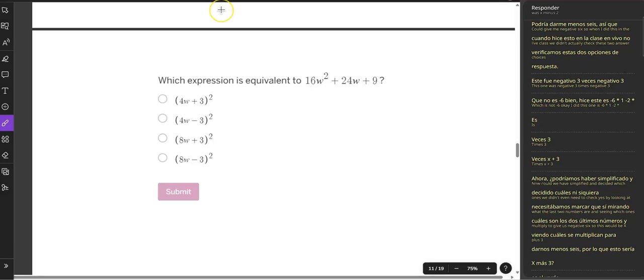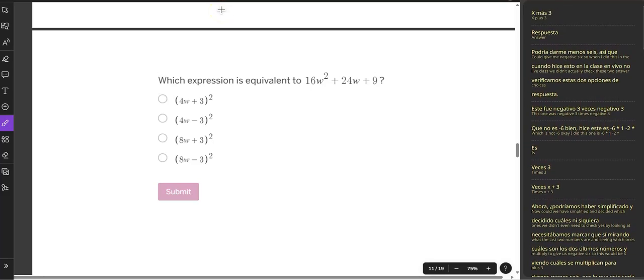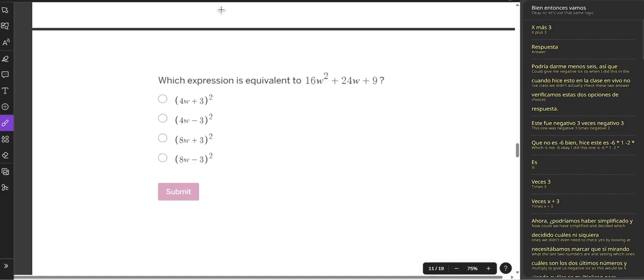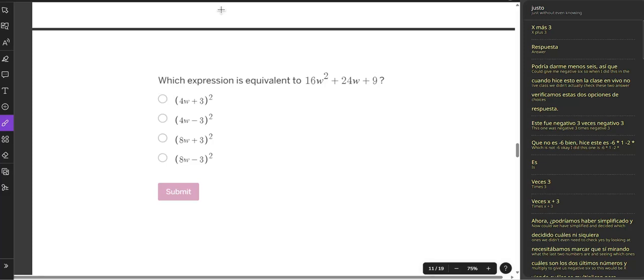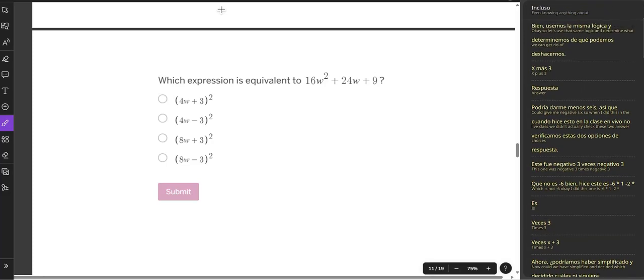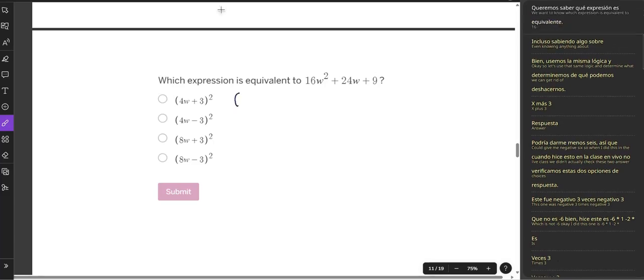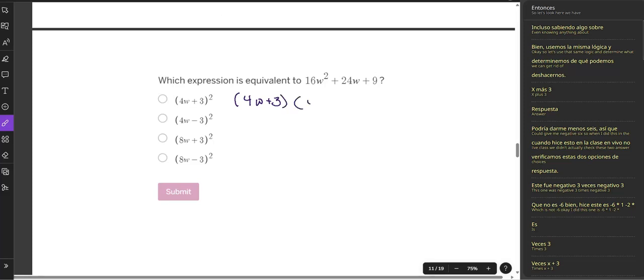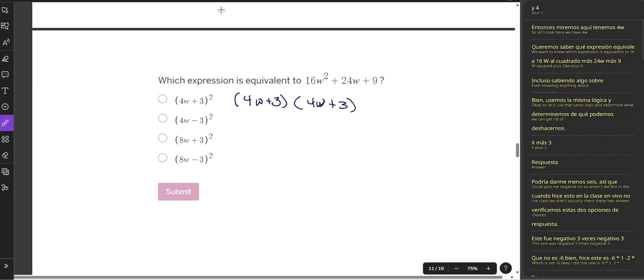Okay, so let's use that same logic and determine what we can get rid of, just without even knowing anything about how to factor. We want to know which expression is equivalent to 16w squared plus 24w plus 9. So let's look here. We have 4w plus 3 and 4w plus 3.